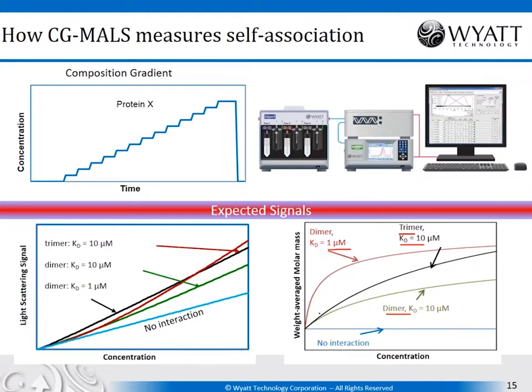As the concentration increases, the degree of increase of the molecular weight will change, and the shape and height of that curve will depend on the specifics of the molecular weight, the type of oligomer forming, and the KD. These molecular weights will translate into light scattering curves that look like this and can be distinguished by the software from each other and analyzed.